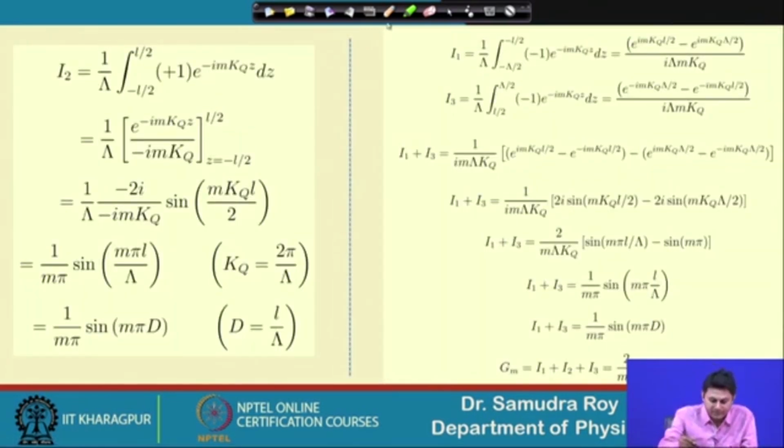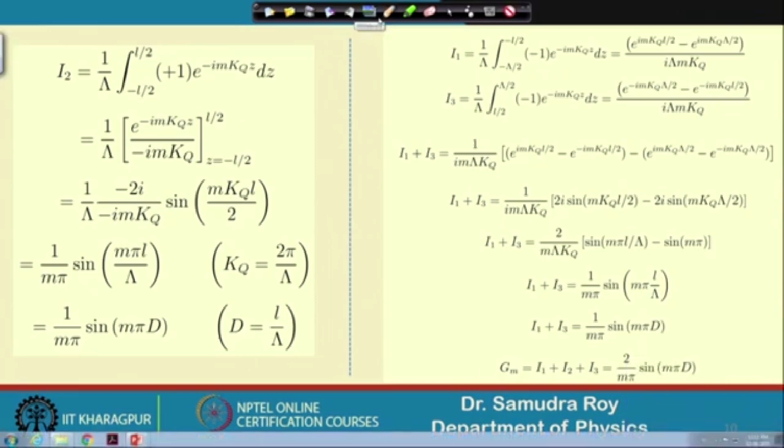So, first the I2 part, which is easier, because the limit is minus L by 2 to plus L by 2. The function is plus 1 here, with the power i, so I can readily integrate. When I integrate, it will be e to the power i m k_z z divided by i m k_z, with the limit z equal to minus L by 2 to plus L by 2.